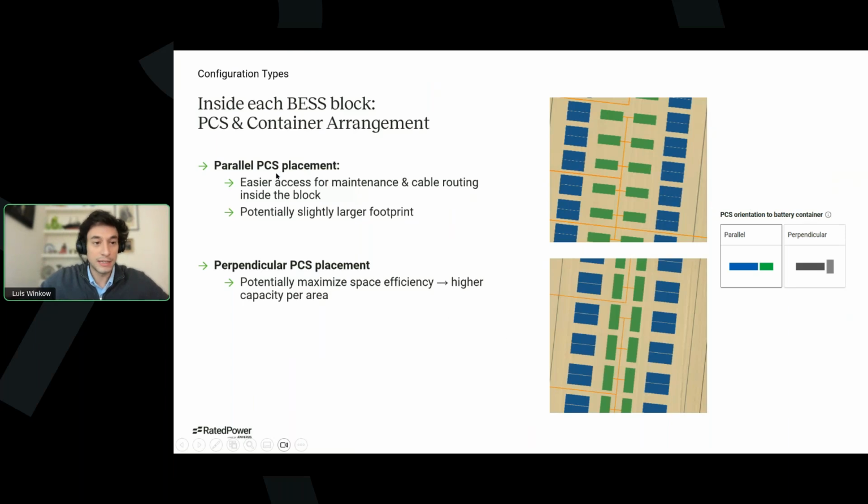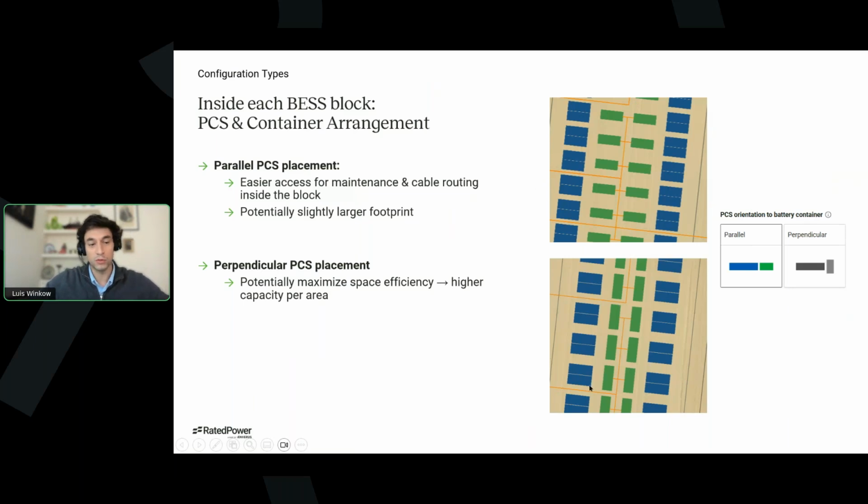Parallel PCS placement, like the one we see here, can have easier access for maintenance and cable routing inside the block, but it can also have a potentially slightly larger footprint. If you compare both of these layouts, you see this one is occupying more land than this other one because of the parallel configuration.